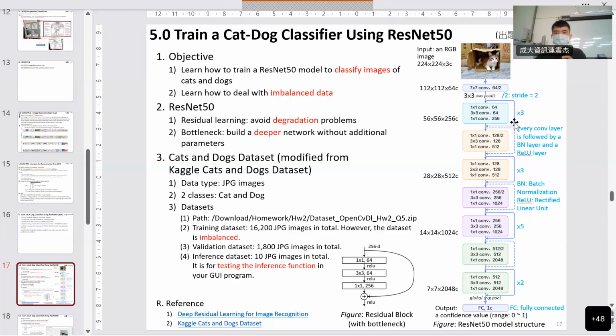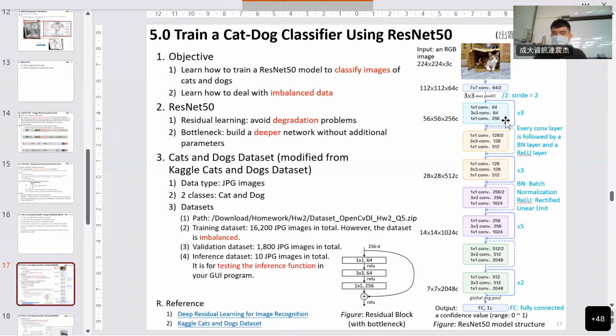This one is the first section. This is the second section, this is the third section, and the fourth section. In the first section, we have 3 residual blocks, and all these 3 residual blocks have a 1 by 1 convolutional layer with 64 filters, a 3 by 3 convolutional layer with 64 filters, a 1 by 1 convolutional layer with 256 filters, and a shortcut. This is used to extract more features.